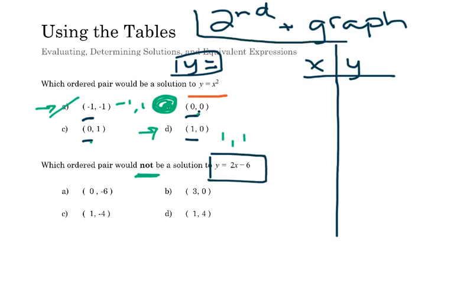Go to your table again. And this time it looks like I am looking at 0, 1, 3, and 1.